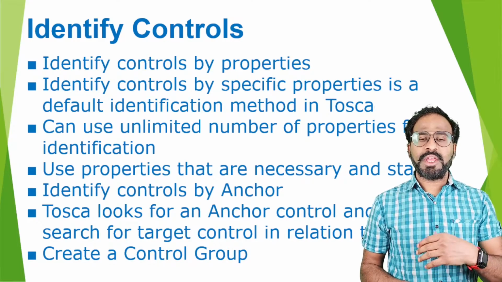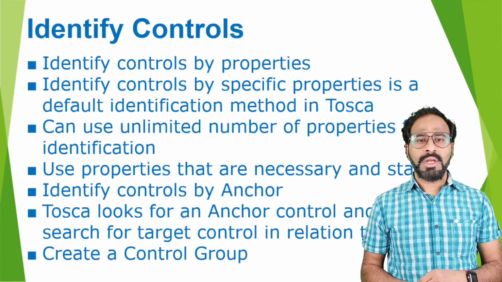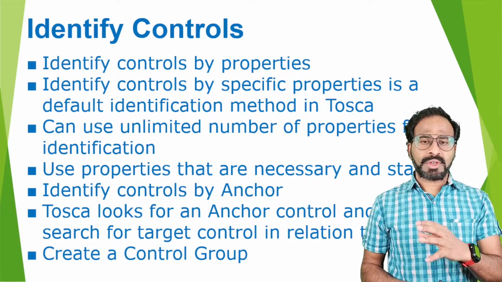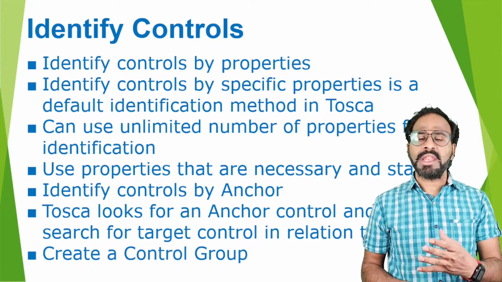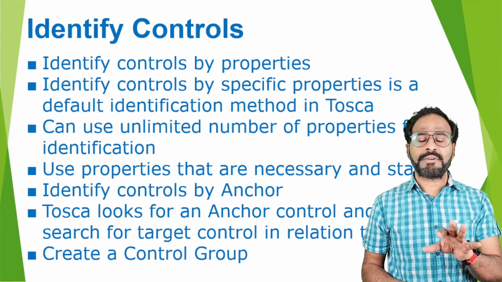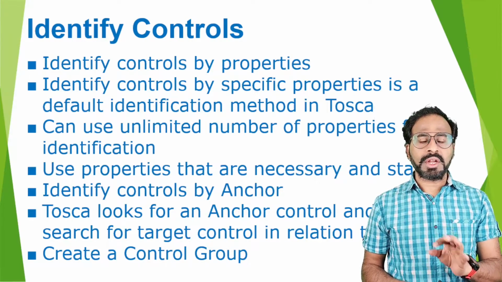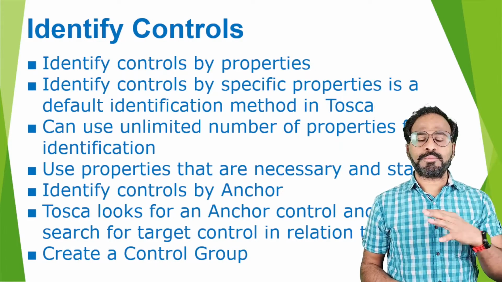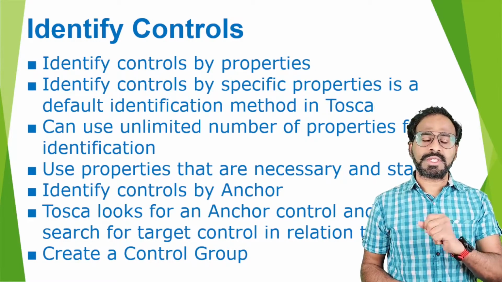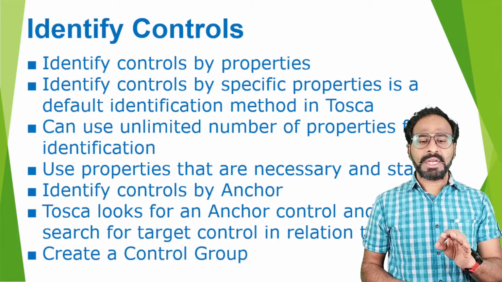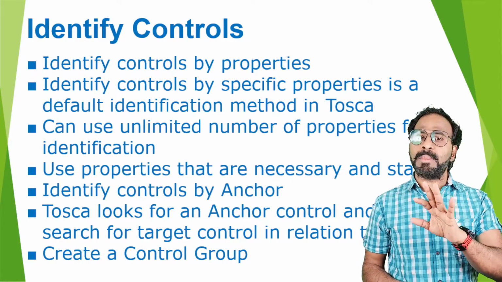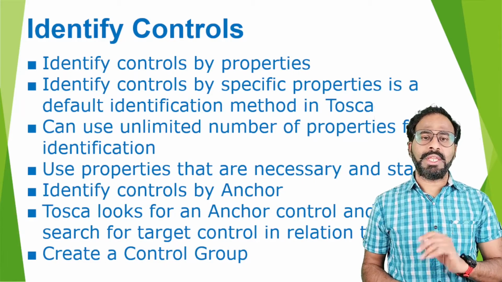Why? When you are identifying a control, yes, you can use multiple properties, n number of properties, in identifying the object. But it's not recommended to use a lot of properties, as that slows down your system. So it's better to use necessary and stable properties only.